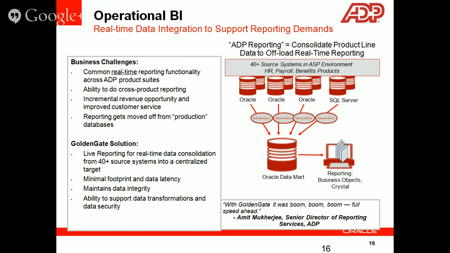Live reporting for real-time data consolidation from 40 plus source systems into a centralized target. So you can see various database software like SQL Server here. Then multiple Oracle databases are here, and they have been plugged into one database or centralized storage where all the data is consolidated with the help of GoldenGate.